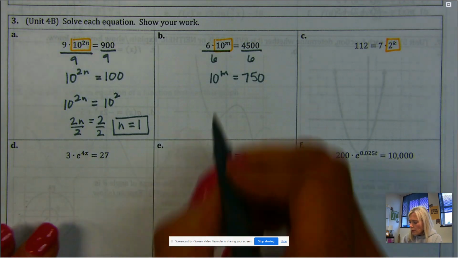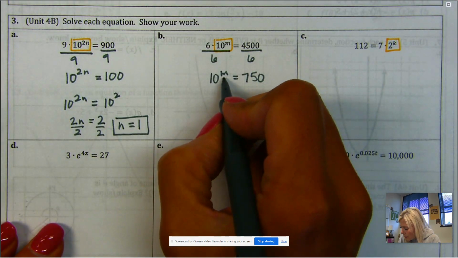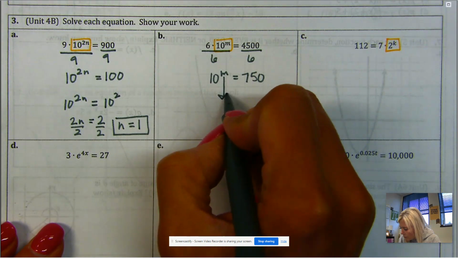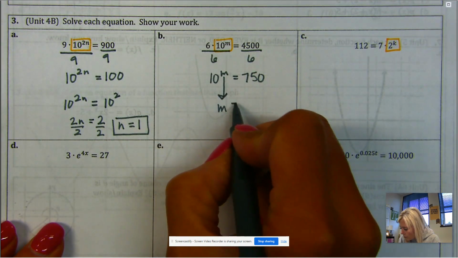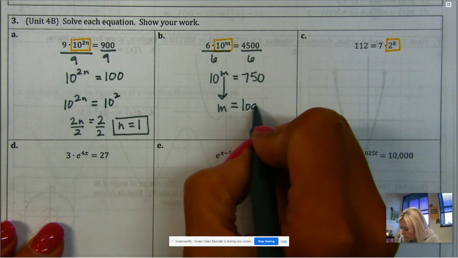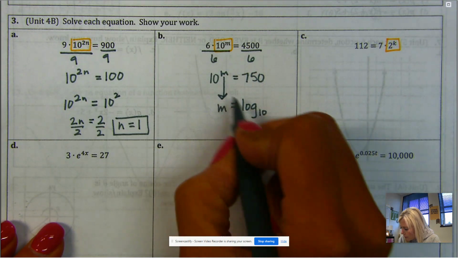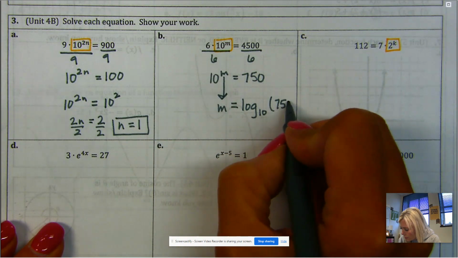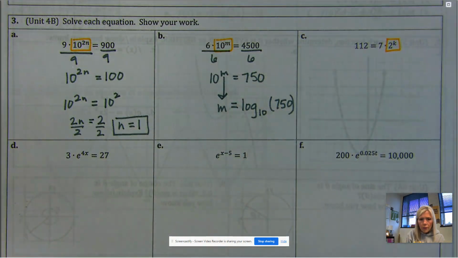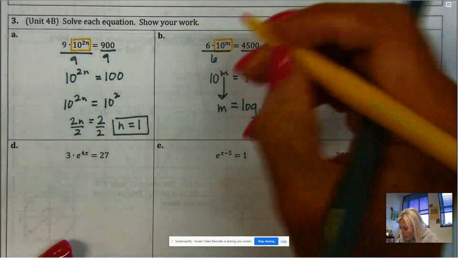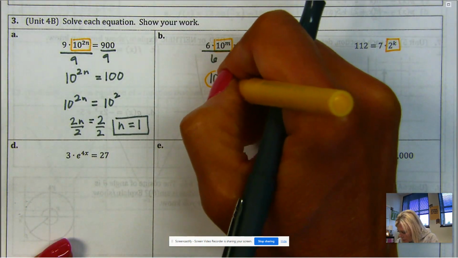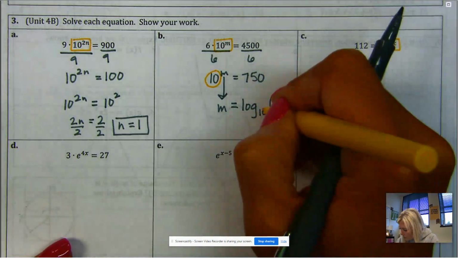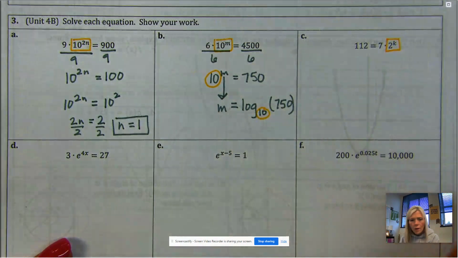So what happens is the exponent comes down, and the base 10 is still the base of the log of 750. Remember, whatever the base of the exponent is also the base of the logarithm.